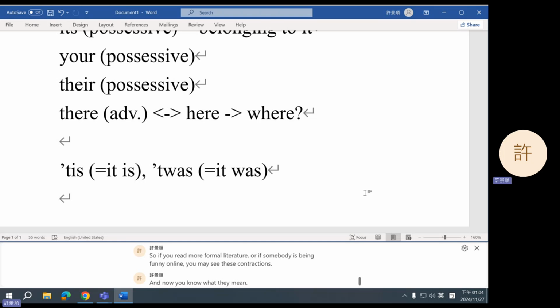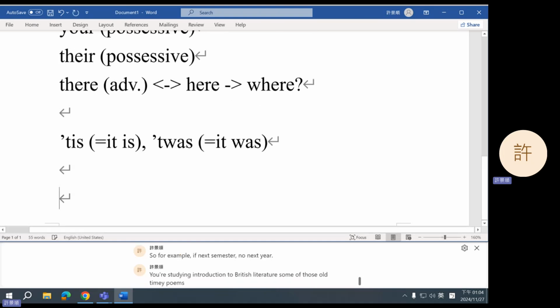The apostrophe for contractions does not actually follow any rules. The only thing you should remember is that the contraction tells you some letters are missing. So for example, if next year you're studying Introduction to British Literature, some of those old-timey poems, you might come across this word.